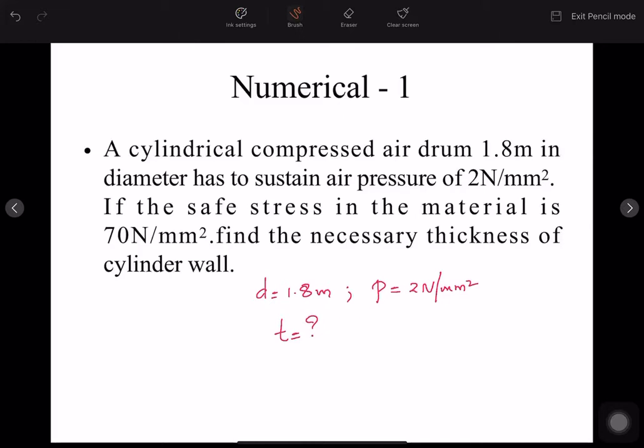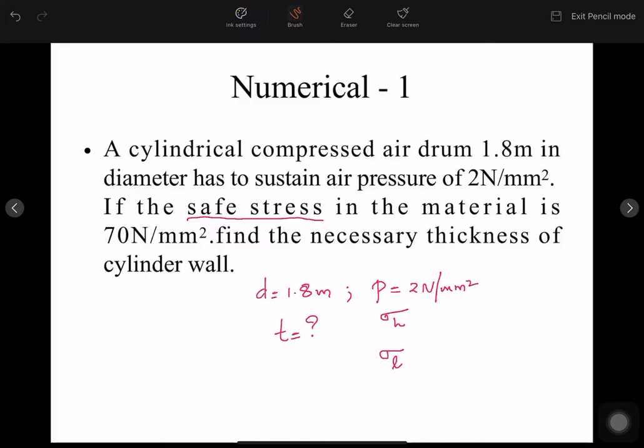What he has given here is the safe stress in the material. Safe stress means we have two different stresses here: one is hoop stress and another one is longitudinal stress. Which of these two is the safe stress?